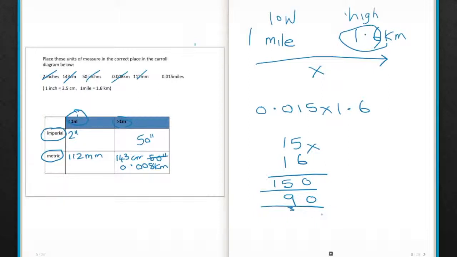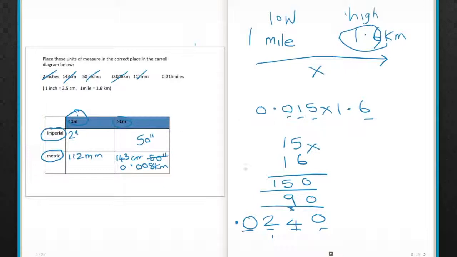Add them together. 9 and 5 is 14. 240. 1, 2, 3, 4. 0.0240 kilometres.